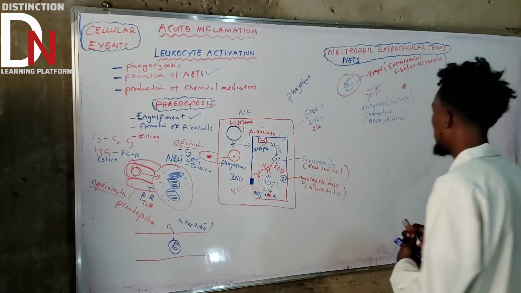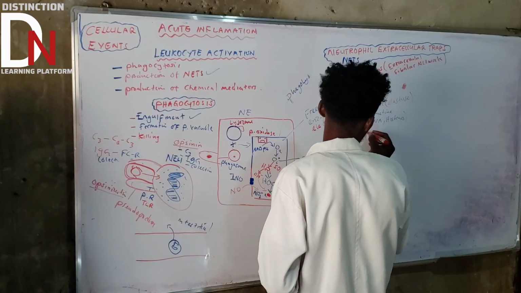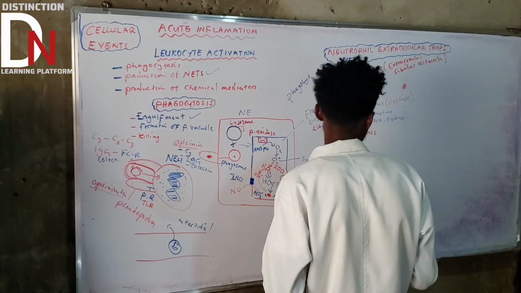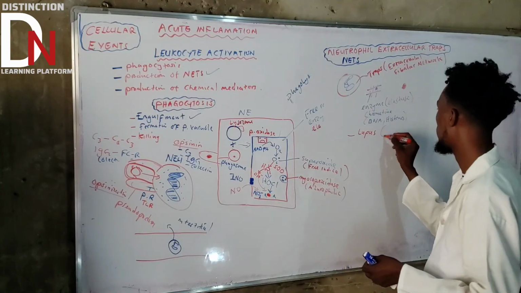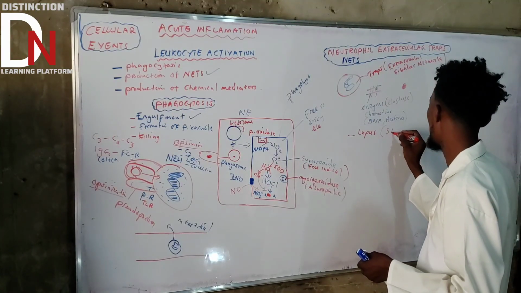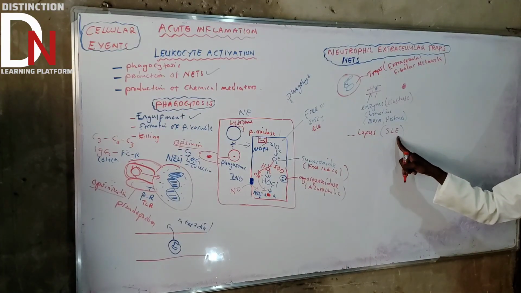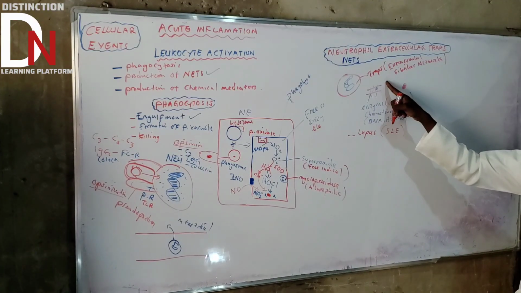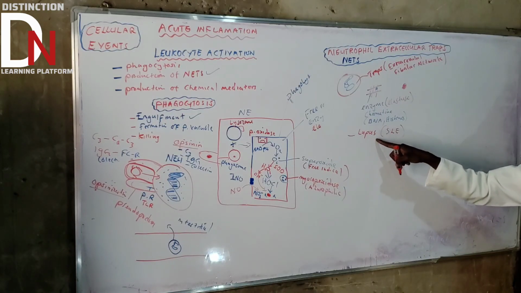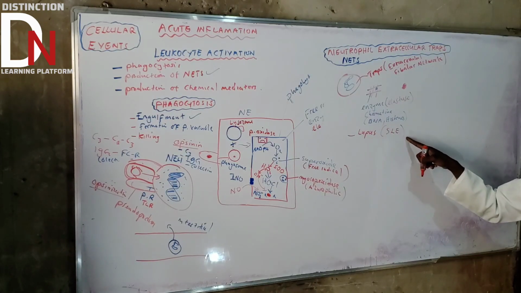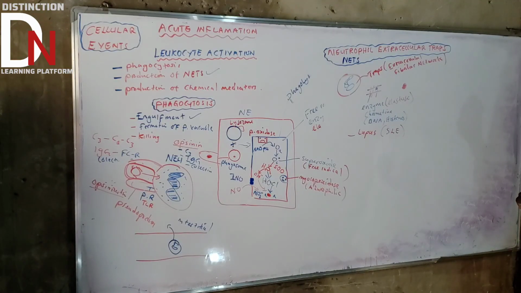Also it has some relationship with lupus, systemic lupus erythematosus, SLE. They found out that these NETs, or neutrophil extracellular traps, can also be found in someone having systemic lupus erythematosus. Okay, very important concept.